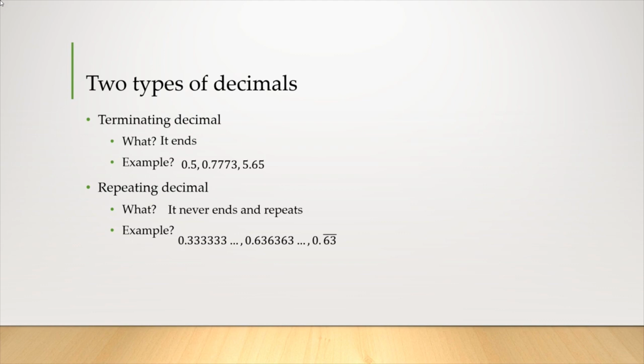So here it's repeating the 63. So I can easily have written this first one right here as 0.3 and put the line over 3 and didn't have to do all this. So all these are repeating decimals. So if you have decimals either like this or like this, you can always convert it to a fraction.